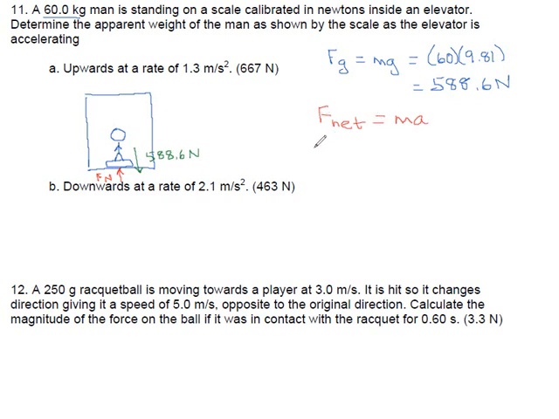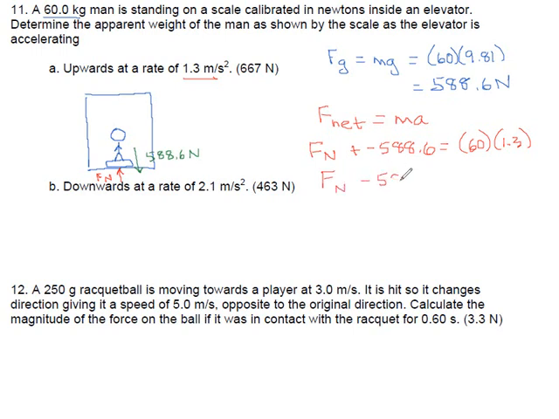The net force is made up of a normal force we don't know yet, and negative 588.6, that's gravity pulling down, equals his mass times his acceleration, which they say is 1.3 meters per second squared. So we put that in there.